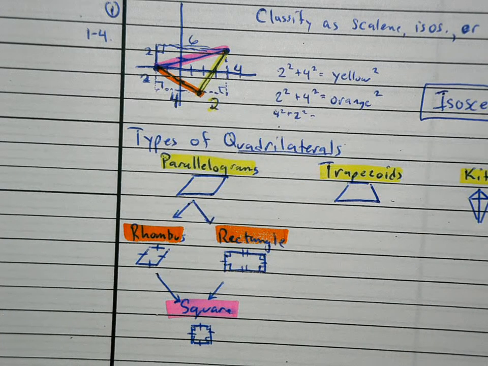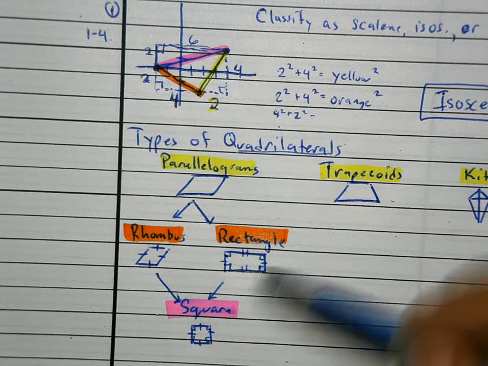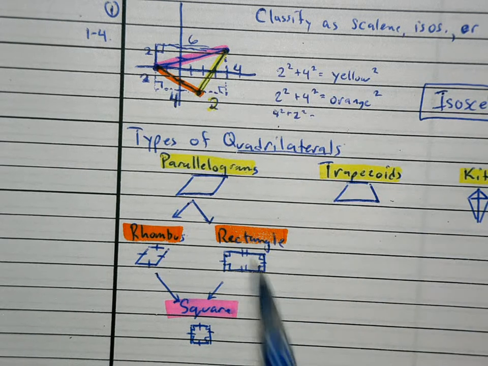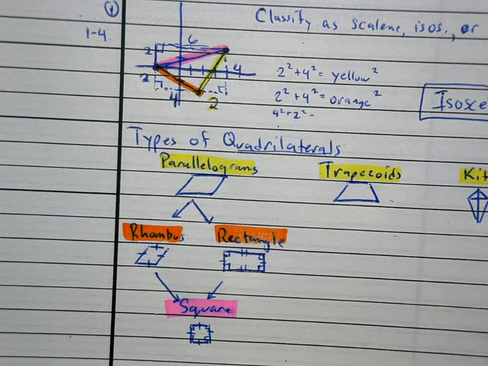The other way you're going to need to know to figure it out is if these angles are right angles, then you're going to know it's a rectangle versus a rhombus or a regular parallelogram. So how do we know that? I'm going to write a little note to you right here onto the side.